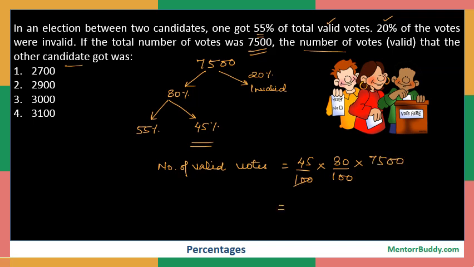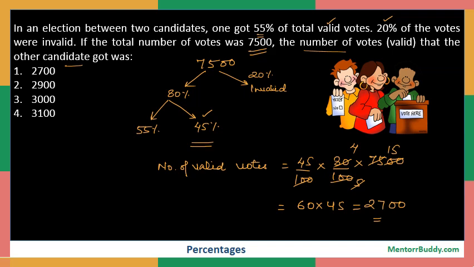So when we do the cancellation, this is 4, this is 5, multiplied by 15, and we get 60 multiplied by 45, which is going to be 2700 votes. So 2700 votes were received by the other candidate, and this is our answer.